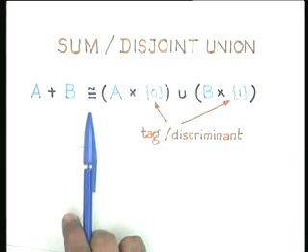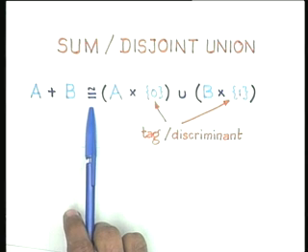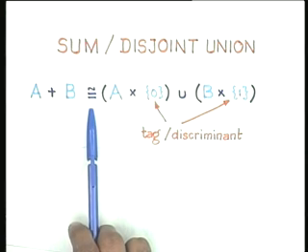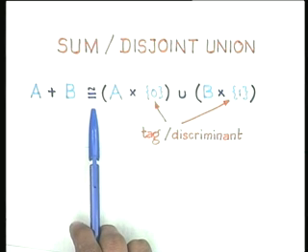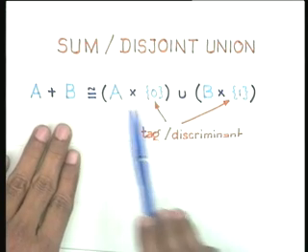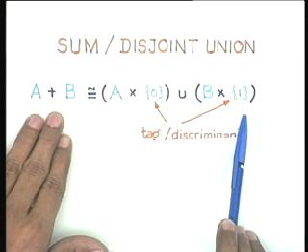So, in my past lectures, whenever I used the disjoint union, I may have used an equality, but here what I am saying is it is not really an equality, it is an isomorphism, which means that the two sides are not exactly identical.